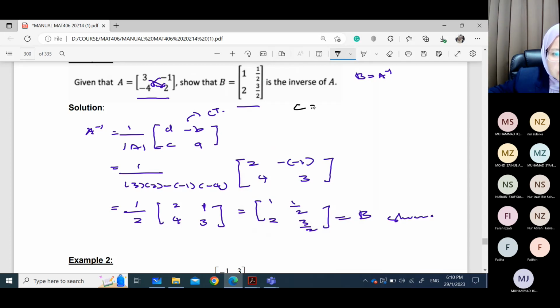Okay, so for the C is cofactor 3 times this one 2, 6.